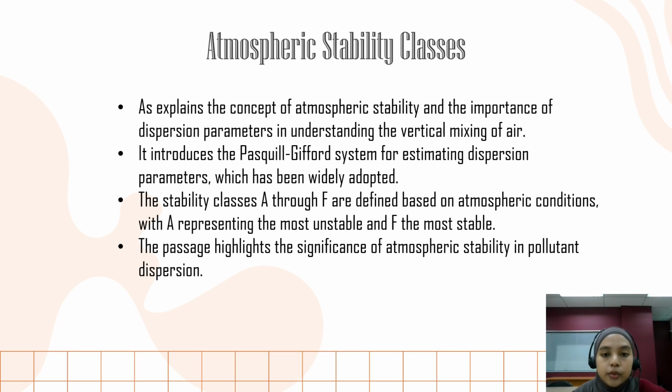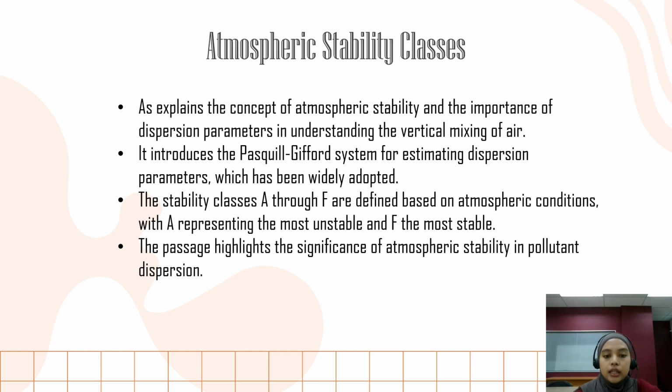Next are the atmospheric stability classes. We explain the concept of atmospheric stability and the importance of the diffusion parameter in understanding the vertical mixing of air. It also introduces the Pasquill-Gifford system for estimating dispersion parameters, which has been widely adopted.